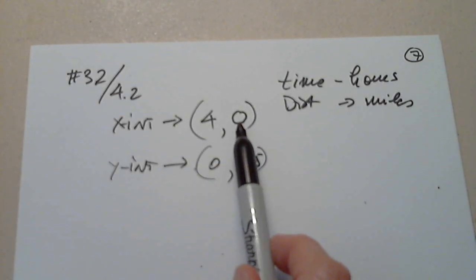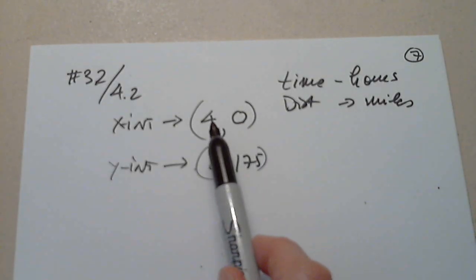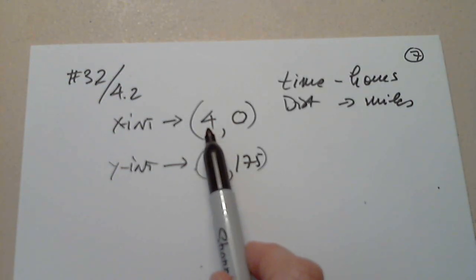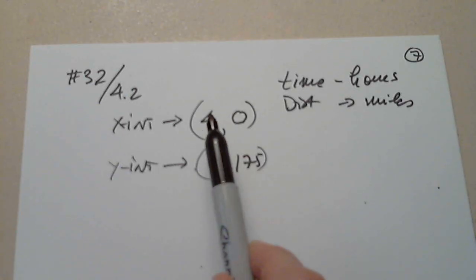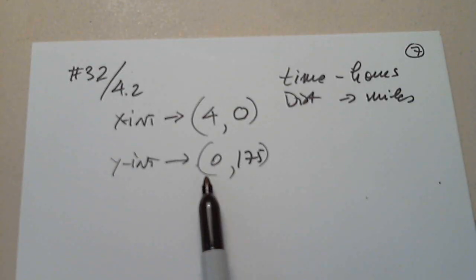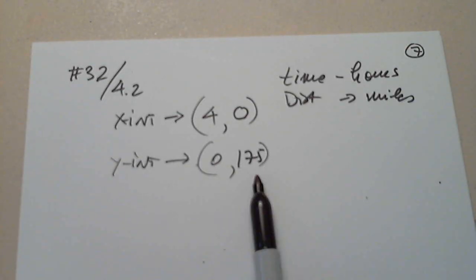At time 4 hours, in other words, we start 4 hours from noon. At time 4, the distance to our destination is 0. At time 0, the distance to our destination is 175.